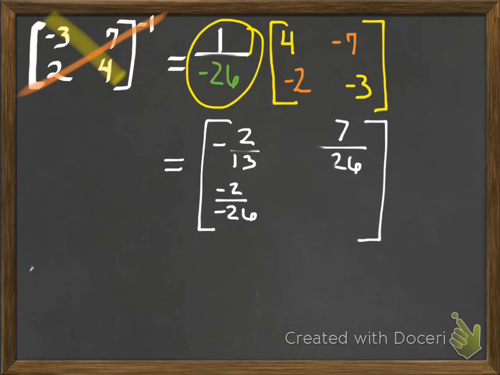Yes, to 1 over 13. And then negative 3 divided by negative 26. Can that reduce? No. The signs can, leaving you a 3 over 26. And then we're done.